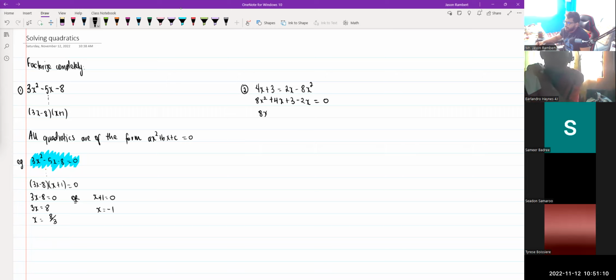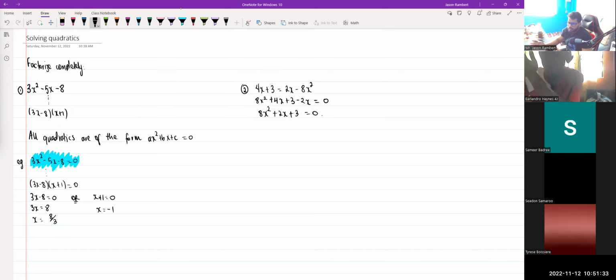Over here, I could simplify it. 8x squared. The 4x and the 2x, that will be 4 minus 2 is 2x plus 3 is equal to 0. So I started off with something that doesn't look like a quadratic equation, and I made it look like a quadratic equation where I could factorize and solve.